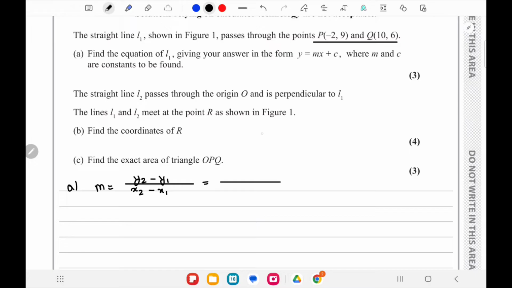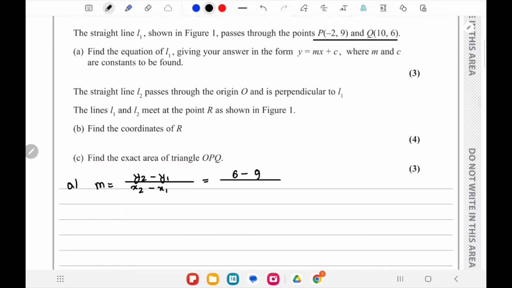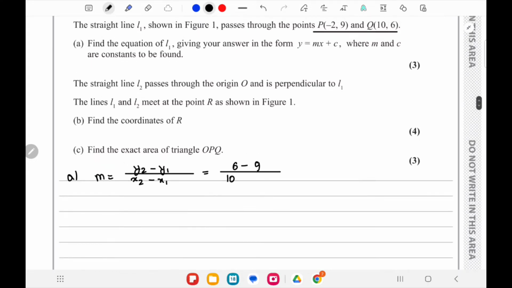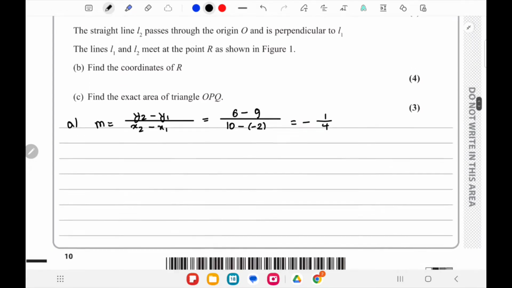I'll consider Q as point 2 and P as point 1, so you'll get 6 minus 9 divided by 10 minus minus 2. So the gradient will be minus 1 by 4.